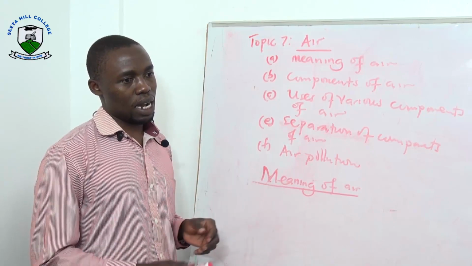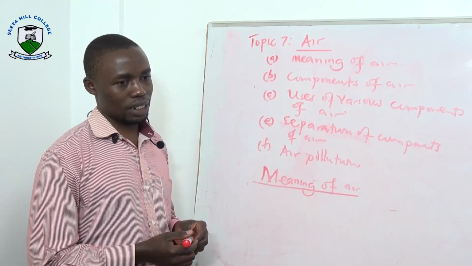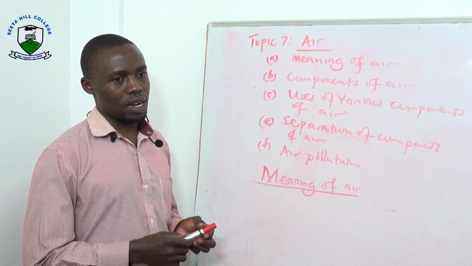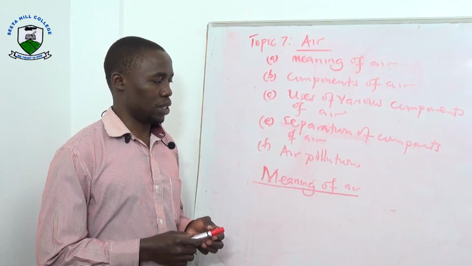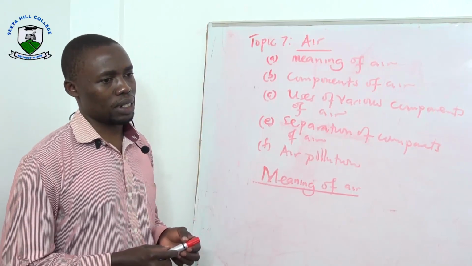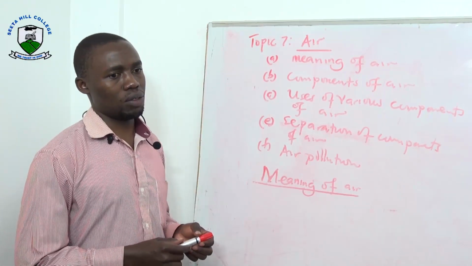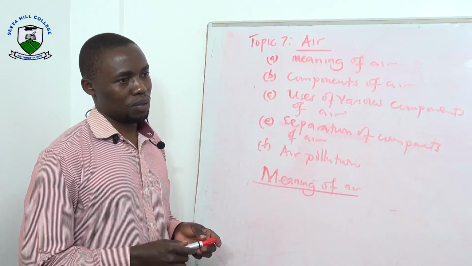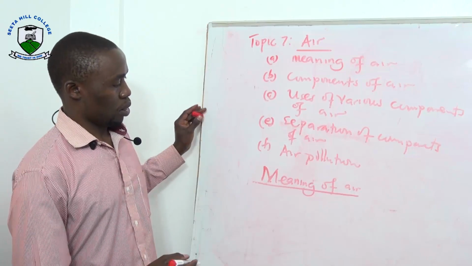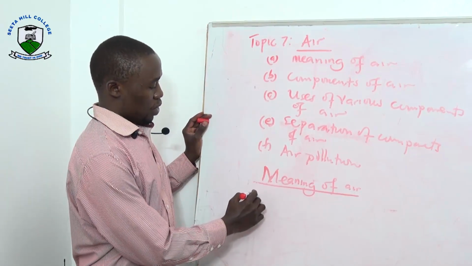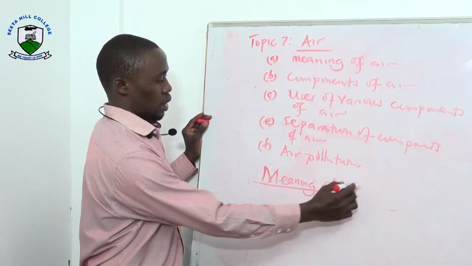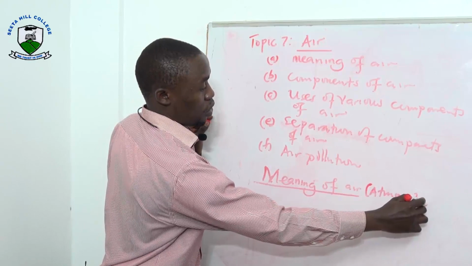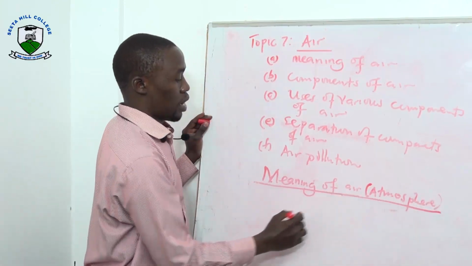Our atmosphere extends way down from the Earth's surface up to beyond the clouds until it goes past the Earth itself. When we talk about air, we are talking about the atmosphere.